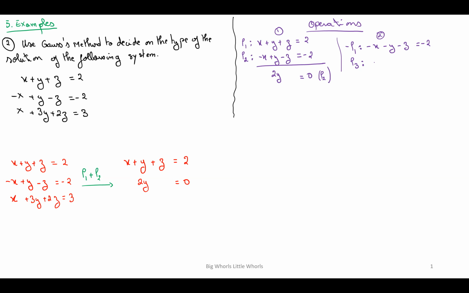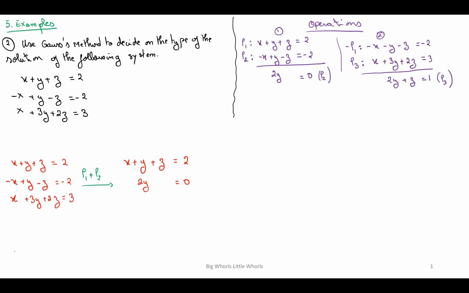So we are here doing our second operation, which is to eliminate the x in row 3. So we just recopy row 3 here, x plus 3y plus 2z equals 3. Okay, so we have 2y plus z equals 1. This is going to be our new row 3.